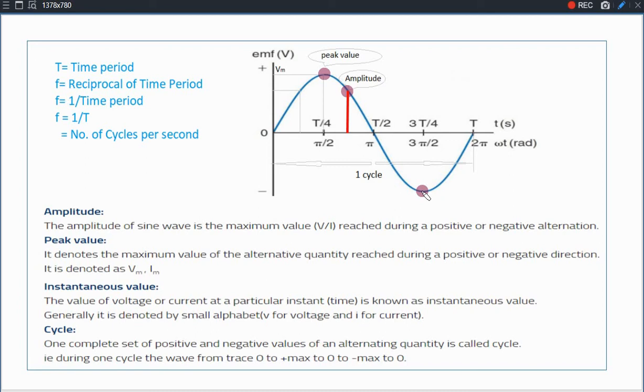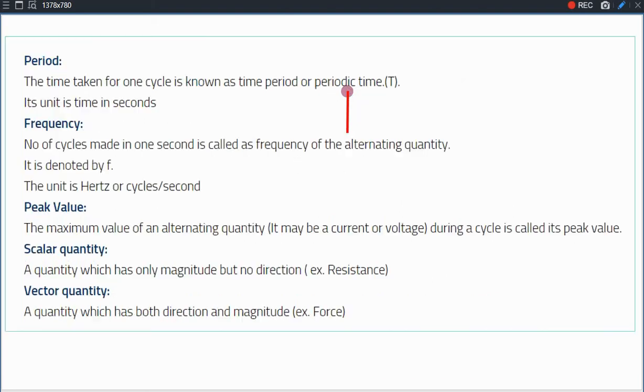This is the maximum value in the positive direction, and this is the minimum value which can be shown in the negative direction. And for the cycle, here I have shown one cycle for one time period: one complete positive variation and one complete negative variation comprise one complete cycle, and the time for one cycle is known as the time period and denoted as capital T. The other terminology is frequency, which can be represented by the formula cycles per second.